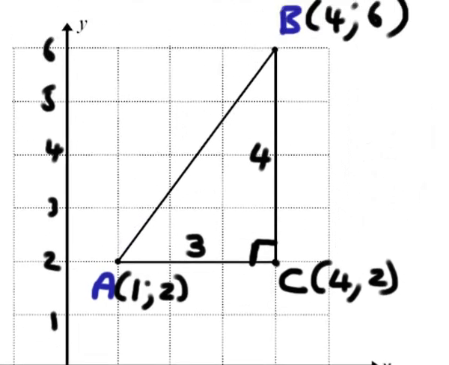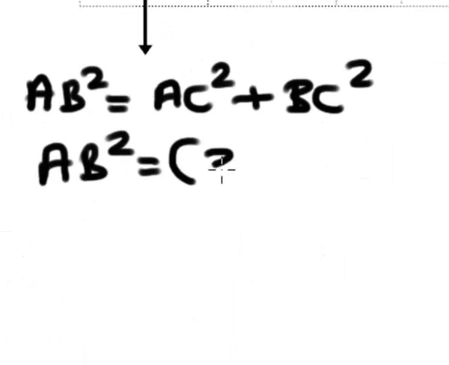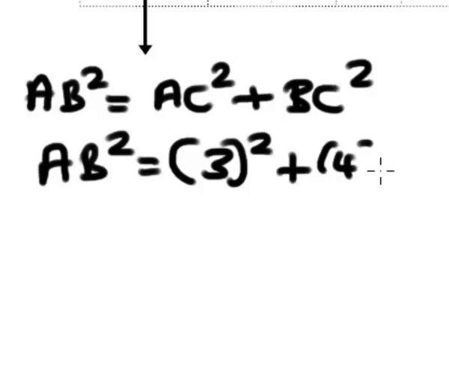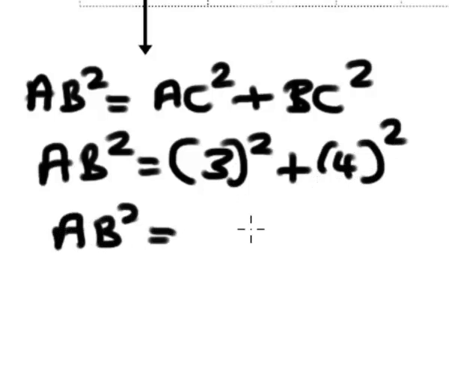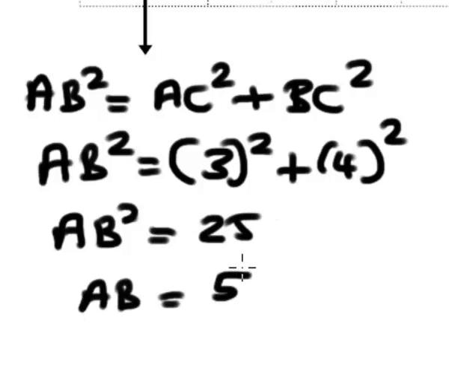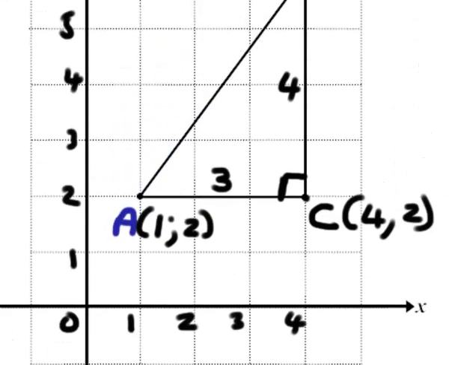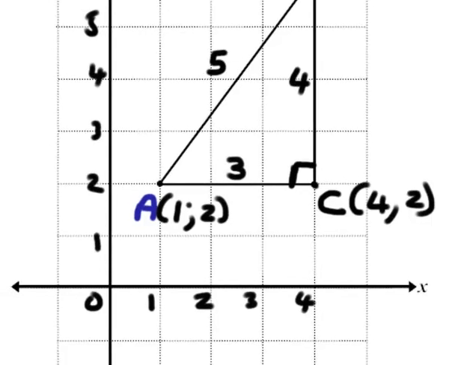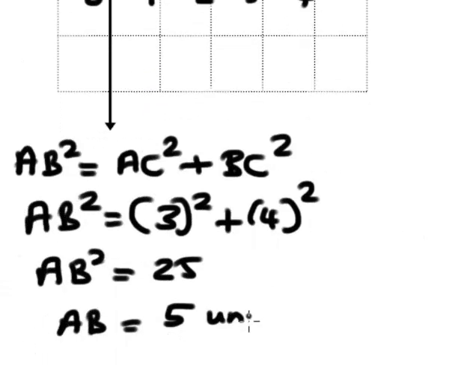It's 3, and the length of BC is 4. So it's 3 squared plus 4 squared, and then you can easily get the length of AB. 9 plus 16 is 25, and if you square root 25, you get 5 units. We can indicate that over here. That's the length of AB, and we normally say 5 units.